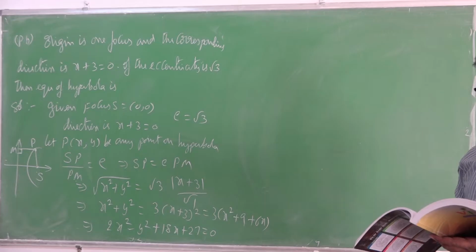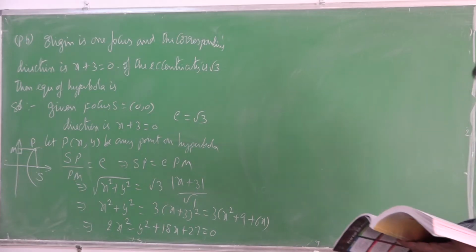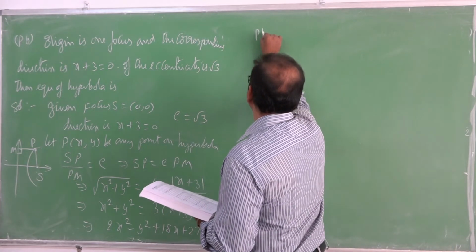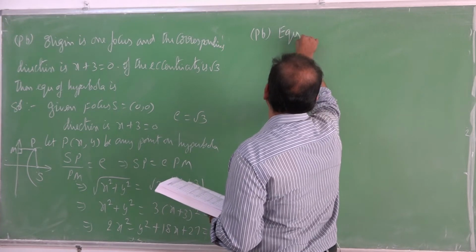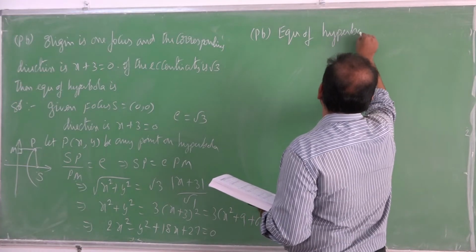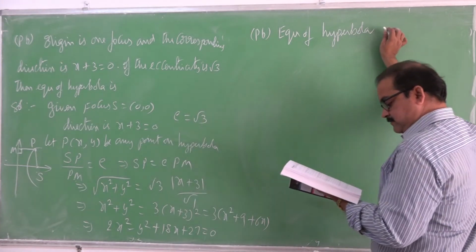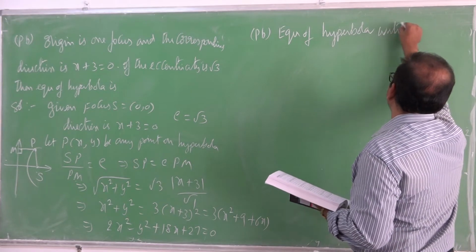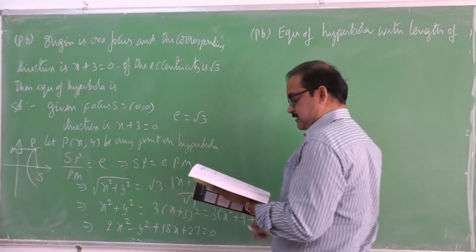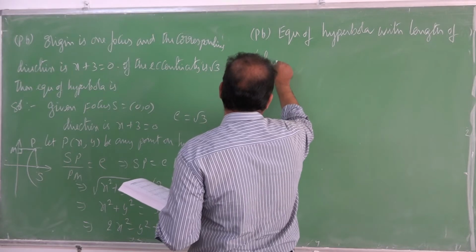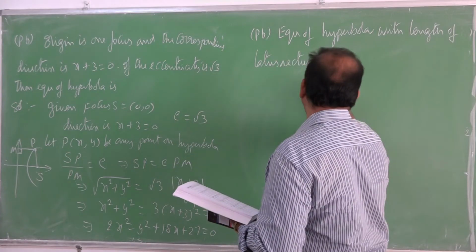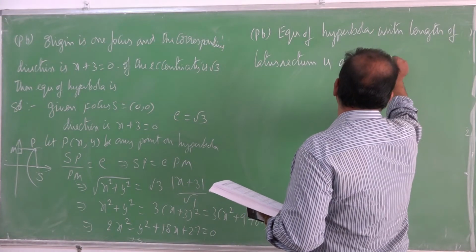Write the next problem. Find the equation of the hyperbola with length of latus rectum 4 and e equal to 3.